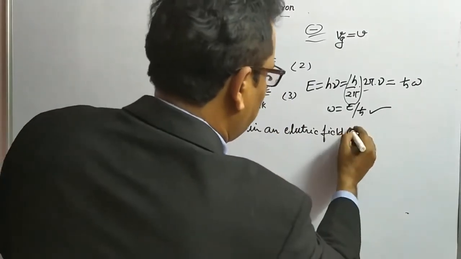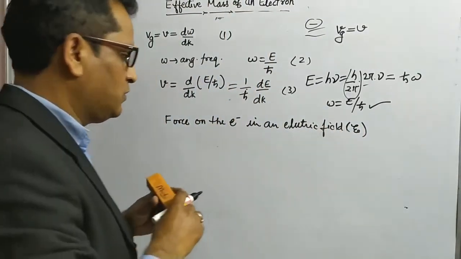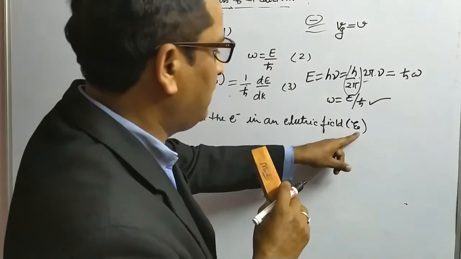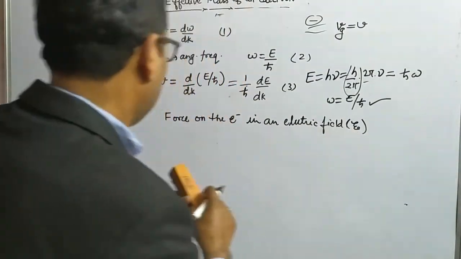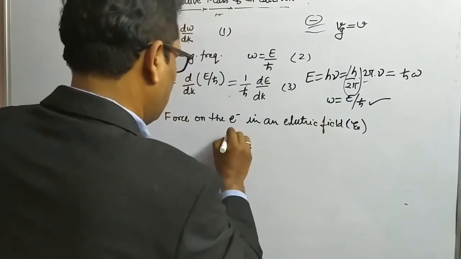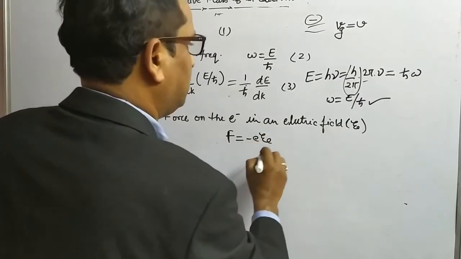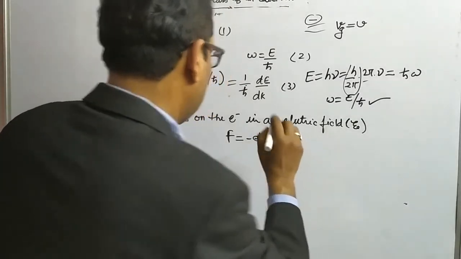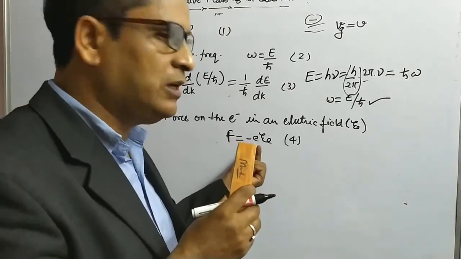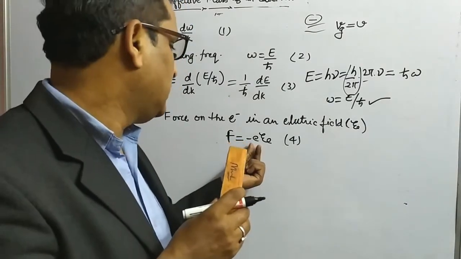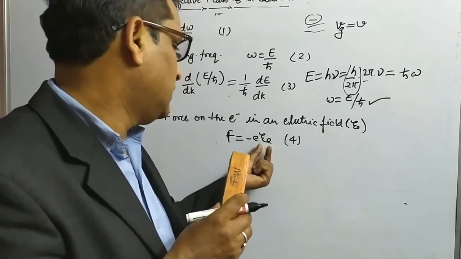So let me introduce a new notation for this electric field, Chi. I am representing the electric field by the symbol Chi. So the force F will be minus e Chi. This is the force acting on the electron when it is placed in an external field represented by Chi.